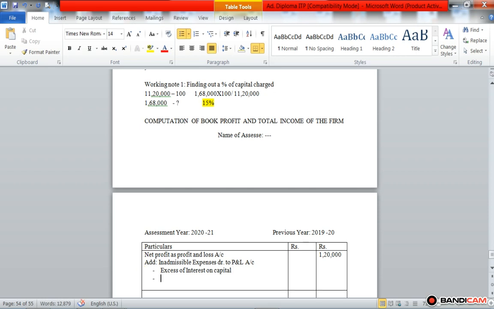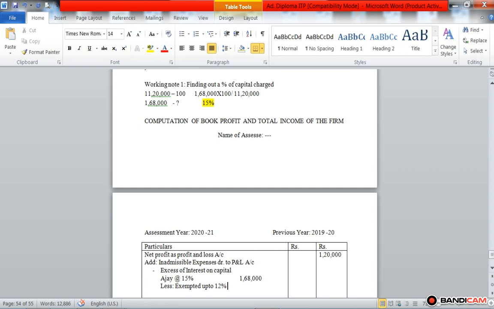Excess of interest on capital of Ajay at the rate of 15% amounted to rupees 1,68,000, then less exempted up to 12%. Okay, 12%, that is how to calculate.